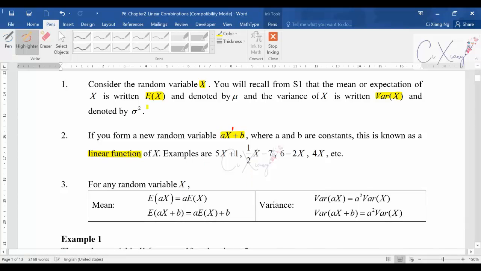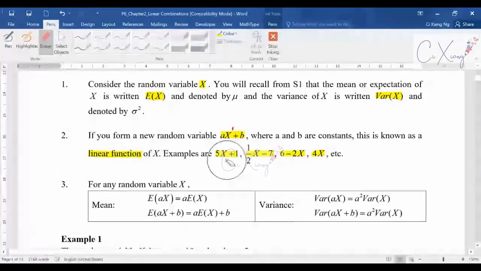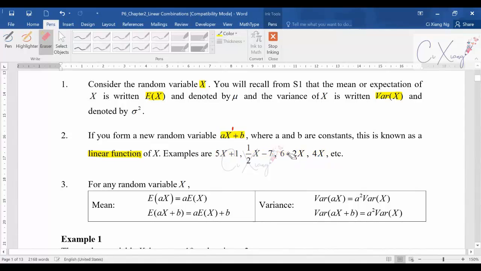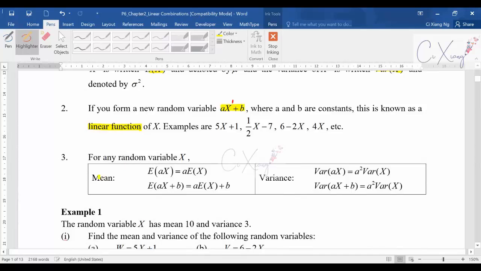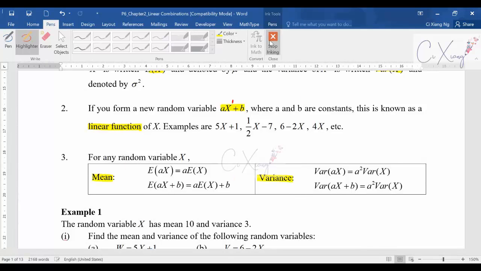All right, so all the variables with power 1, we call it a linear function or linear combination. As an example, 5x plus 1 is also a linear function, or linear combination. Half x, 7, 6 minus 2x, 4x, and so on. So you'll see that the similarity here is that all the x are power 1. Therefore, we call it linear. All right, okay. So when you want to find the linear variable x, let us talk about the mean and also the variance.